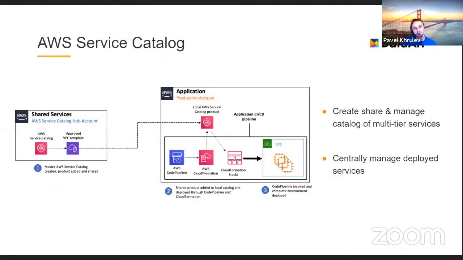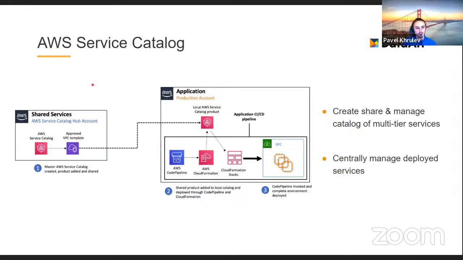AWS Service Catalog is one more important tool and also a part of the landing zone. Actually, the account vending machine that creates a new account in the landing zone is implemented using Service Catalog. Service Catalog simply allows you to create a template and share it with other accounts to deploy.